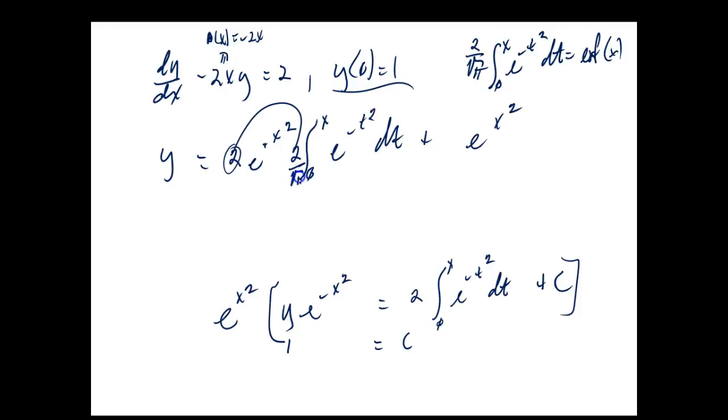Multiply and divide by root pi. Now this part is the error function, ERF of x. So now we have y is equal to, we move that over there, root pi over 2 times e to the x squared ERF of x, because that now is that, plus e to the x squared.